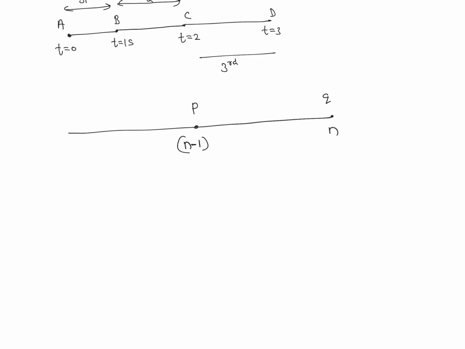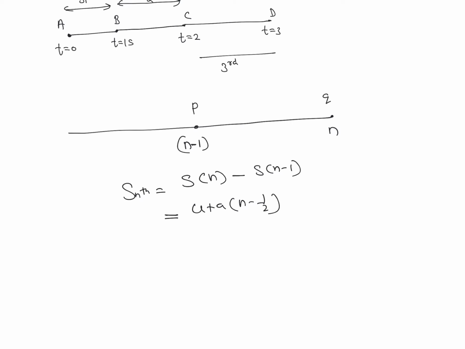So the distance traveled by the particle from P to Q, or the distance traveled in the nth second, can be written as the distance traveled in n seconds minus the distance traveled in n - 1 seconds. That we can find by using the equation u + a(n - 1/2).